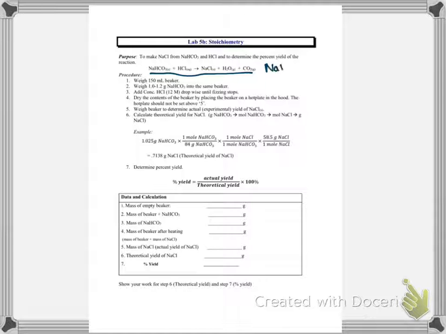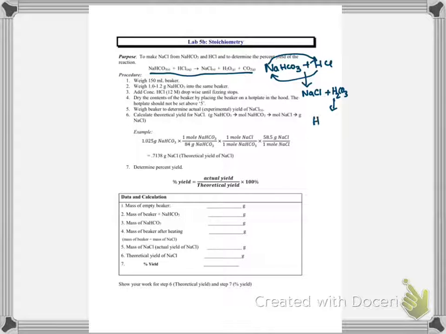And how is that double replacement? Because sodium bicarbonate reacts with HCl. If you look, sodium is going to hydrogen's place, and hydrogen is going to sodium's place. It makes sodium chloride and carbonic acid, H2CO3. Carbonic acid is very unstable.